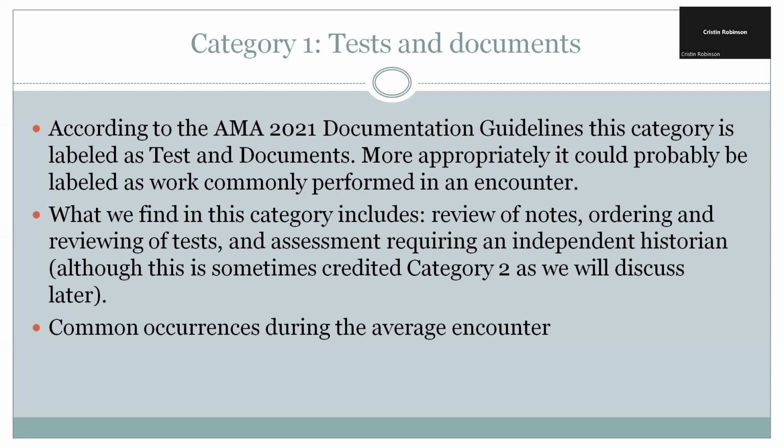So just know that those are going to be the things you're going to see your provider documenting with specific symptoms the patient is coming in with. And that can go for several things. Acute bronchitis, if they think the patient's coming in with a cough and wheezing and this type of thing, shortness of breath, they may want to do a chest x-ray. Okay, so those are what they mean by common occurrences during the average encounter.